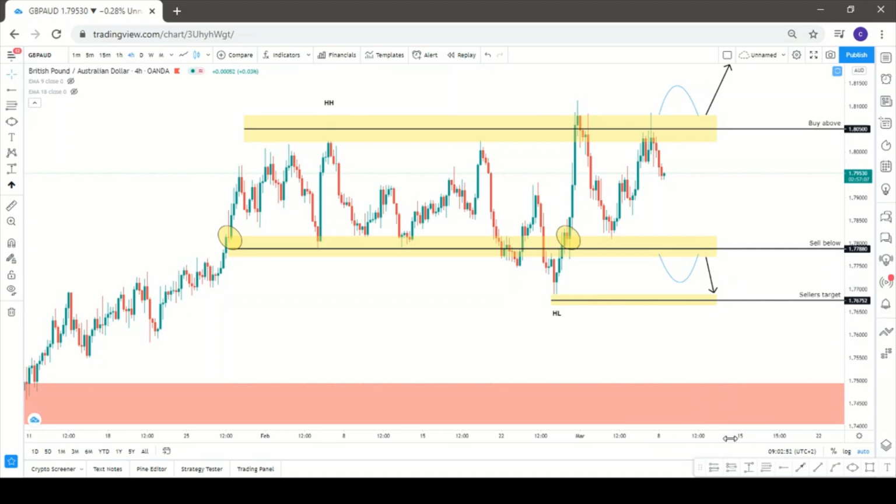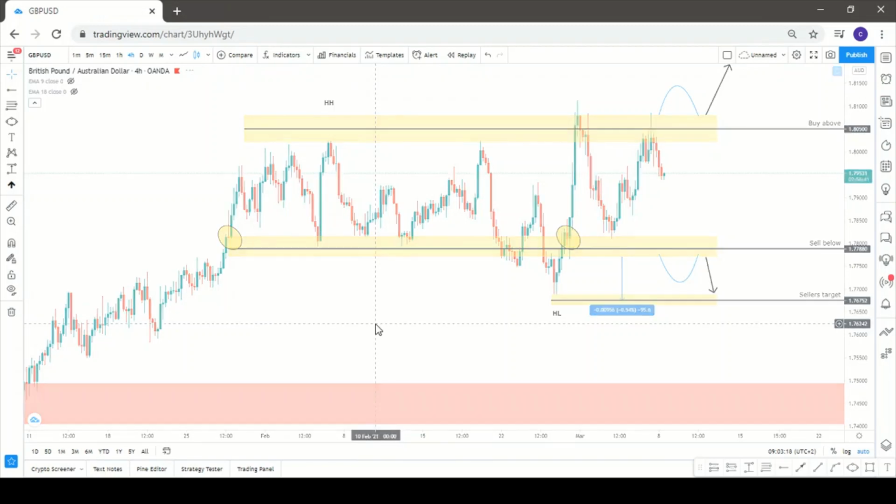I won't be trying to hit a huge target, but I'll try to hit these little resistance here, or the support, which is the last low, and that is about 95 pips. So that is what I'm looking for on GBP AUD, but I am quite bullish on this pair because overall on the daily it is bullish. It's not bearish even on the 4-hour. So that's British Pound Aussie Dollar.